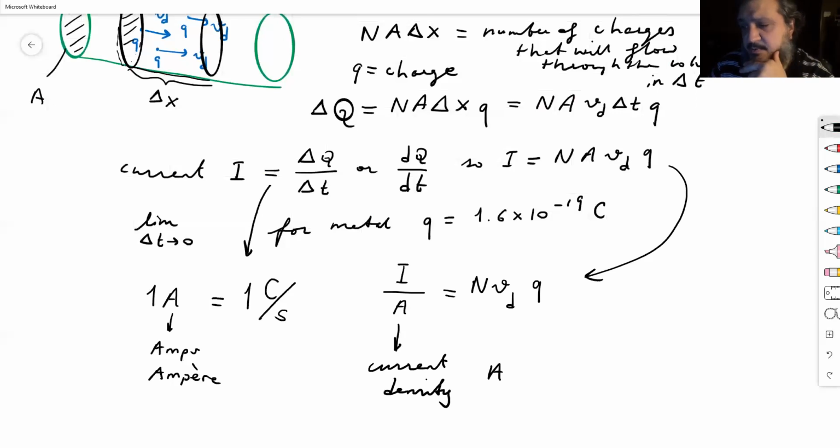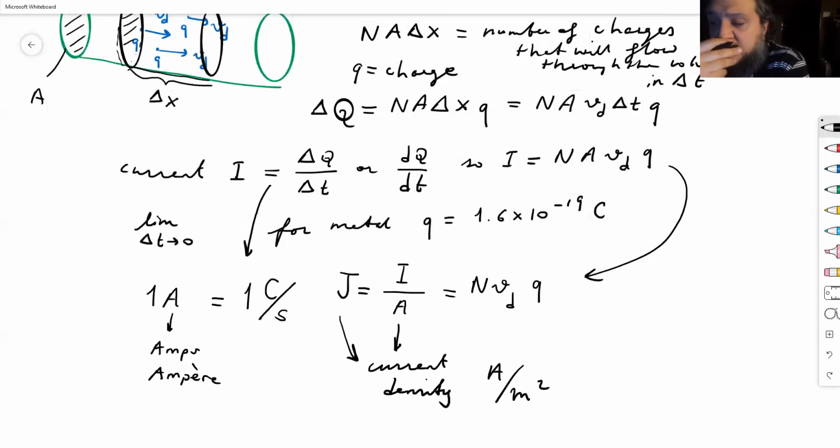So amps per square meter, if you will. And we're going to call it J. J stands for current density, and it is equal to n v_d q. So this is actually going to be a vector, J.